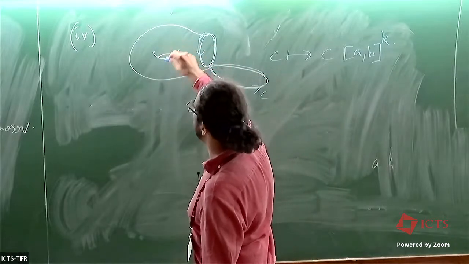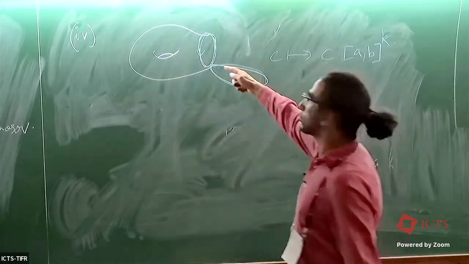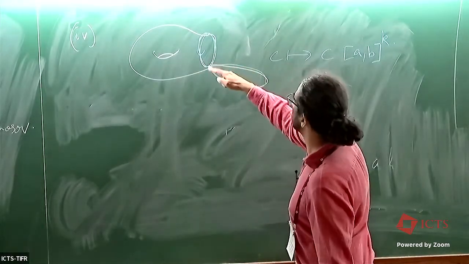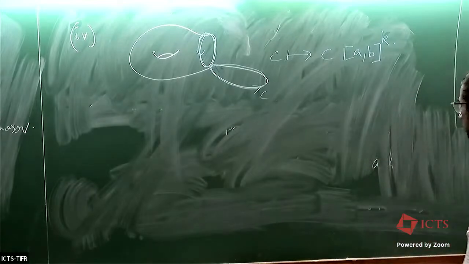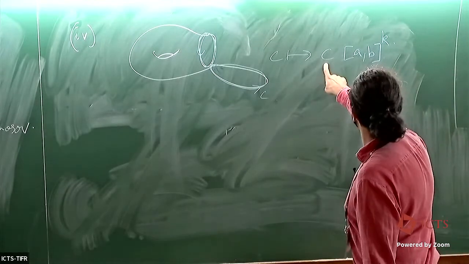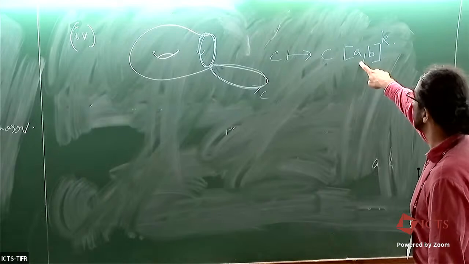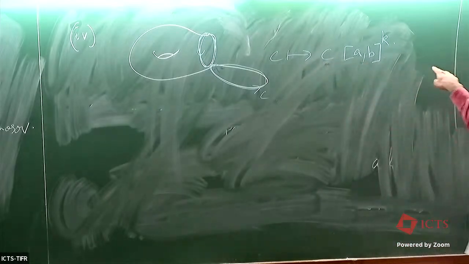So here I have A and B generating the torus, the commutator, and I send C to C times [A,B] to the K, so that this is fixed, so C will grow linearly.